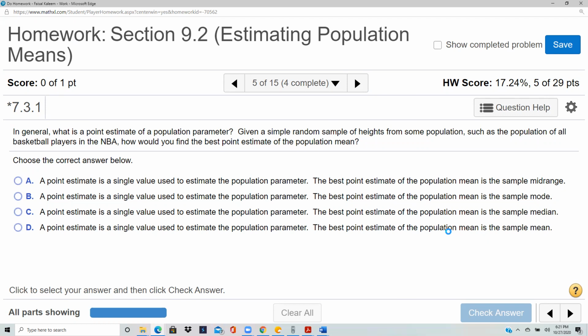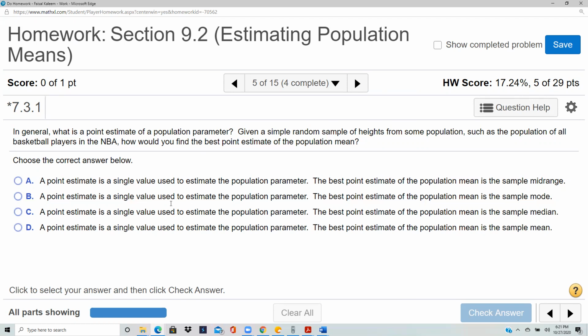Now, you don't know what the average height of all the NBA players is, but based on what you have for the small sample, you can say that that is a good estimate for the whole population in the absence of any other knowledge. Of course, it's not necessarily equal to the population value, but that's the best you can do. So point estimate is a single value used to estimate a population parameter.